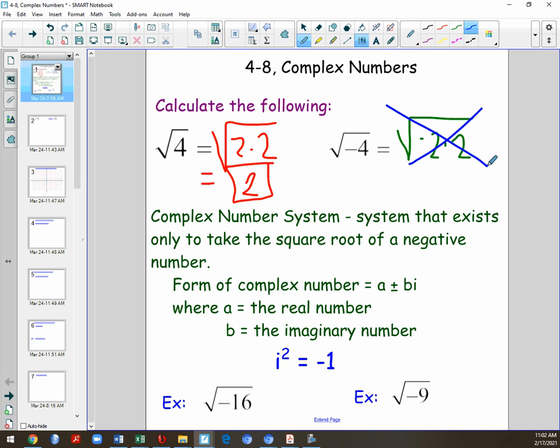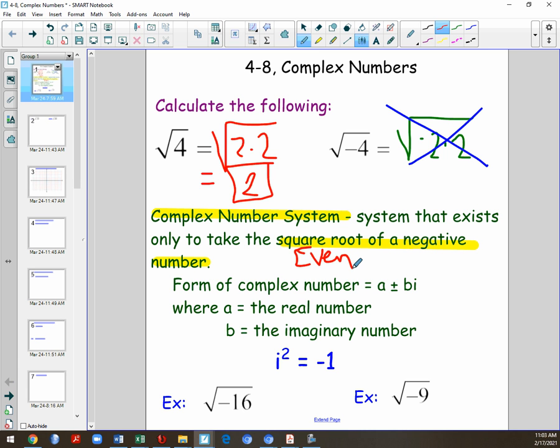So what we do is we come up with another number system, and what we call this is the complex number system or the imaginary number system. This system exists to take the square root of a negative number. Square root, fourth root, sixth root, it's an even root. So this exists to take the even root of a negative number.